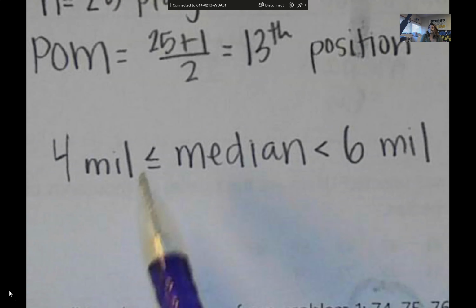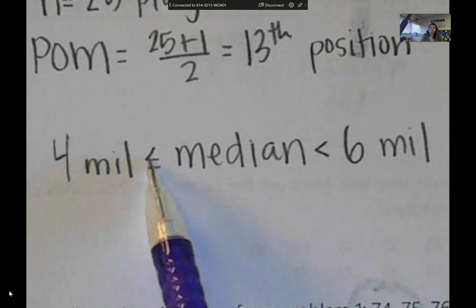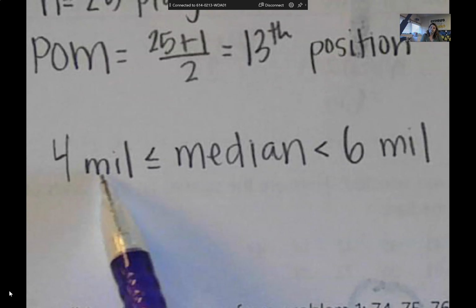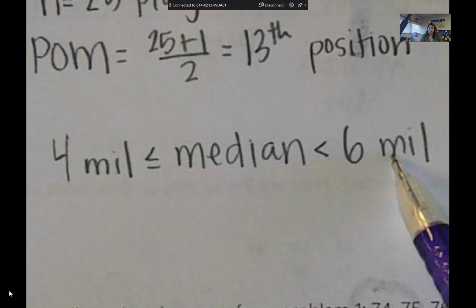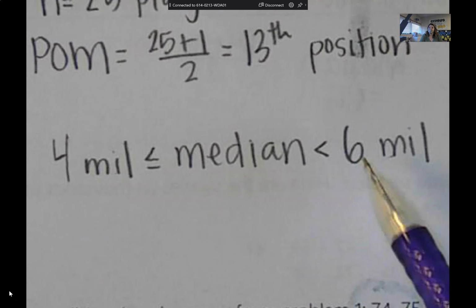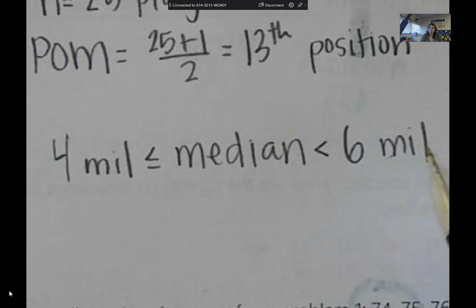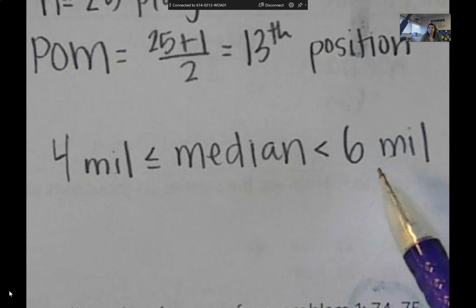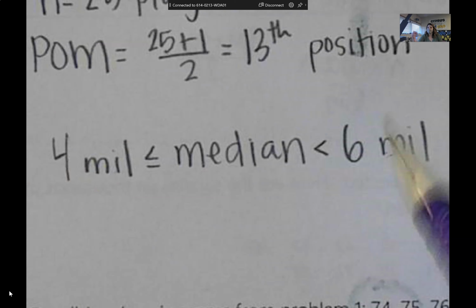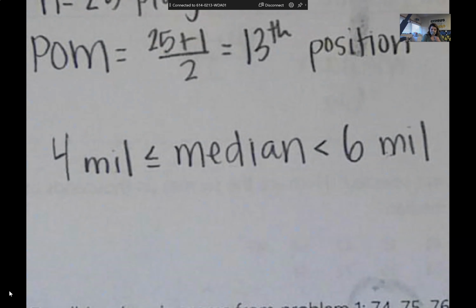Remember, when you do a histogram, it's the lower value that the numbers equal and the upper value is a less than, because it can go all the way up to 5,999,999, but 6 million belongs to the next bin.